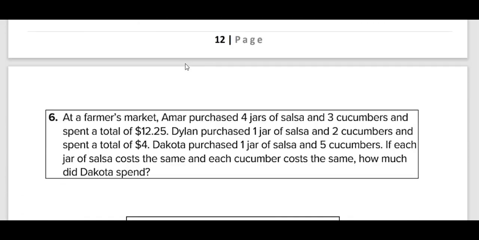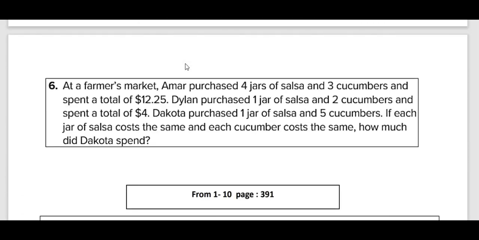Question number 6 is the same as question number 3, like the cost of the flowers and bushes. Here you will write: Amar purchased 4 jars of salsa and 3 cucumbers, so 4x plus 3y is equal to 12.25.